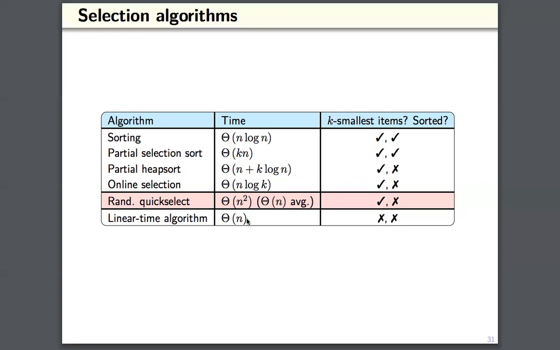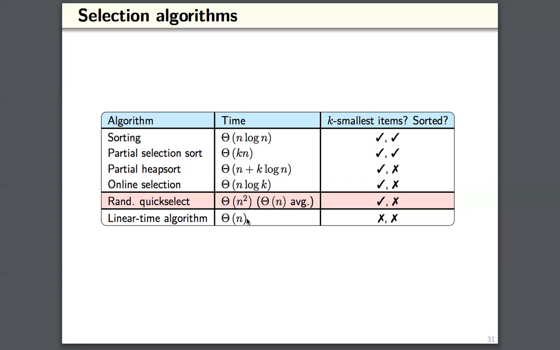Then the most important takeaway from this decrease and conquer topic is randomized quick select. Leave the randomized part out. You can just consider quick select, but to make it faster, we will use randomization. Quick select is the core logic. To make it faster, you use randomized quick select.